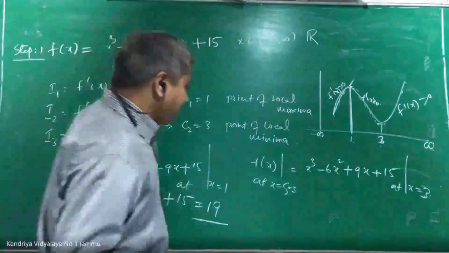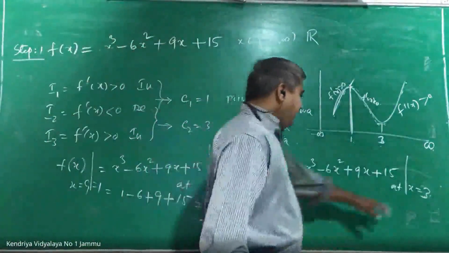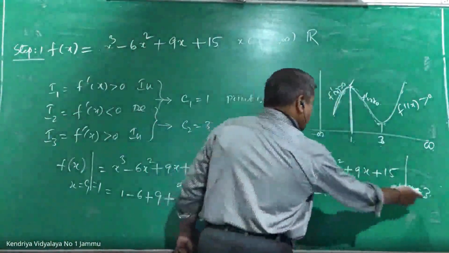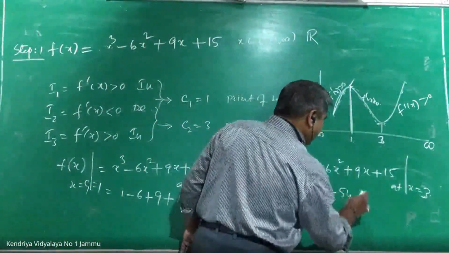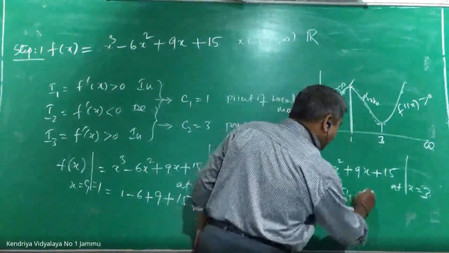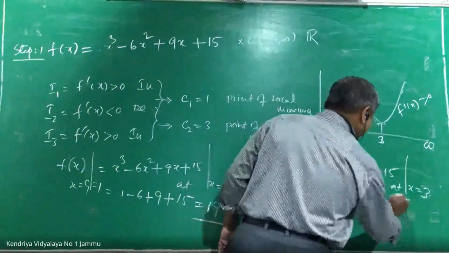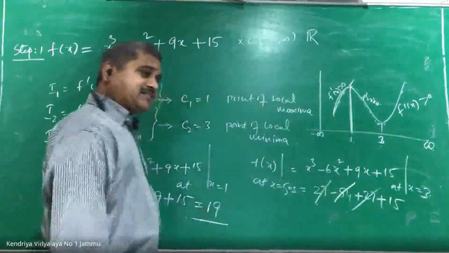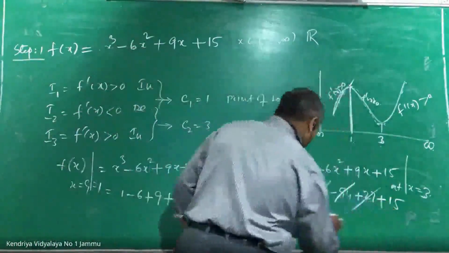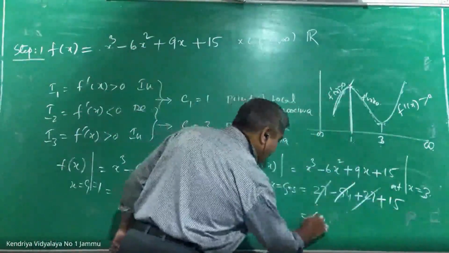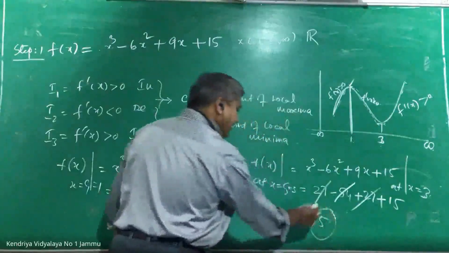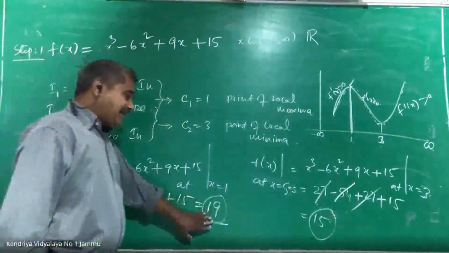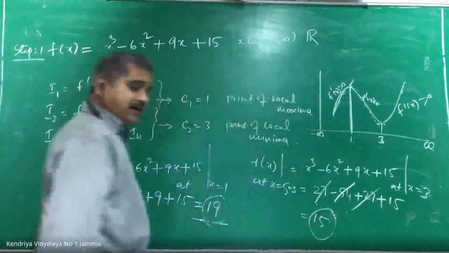Thus you get value substitution. 3 cube is 27 minus 6 9s are 54 plus 9 3s are 27 plus 15. 27, 27, 54 and minus 54 gets cancelled. Then 15. So the value of local maxima is 19. The value of local minima is 15.